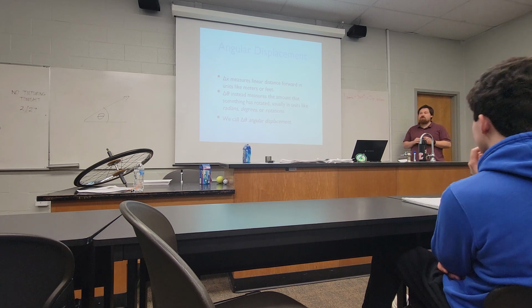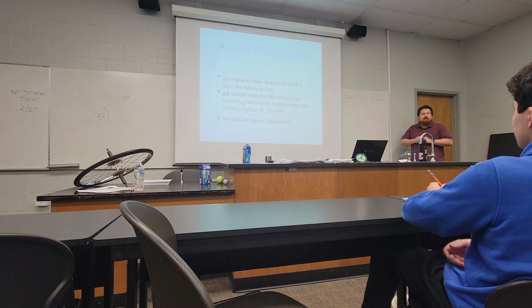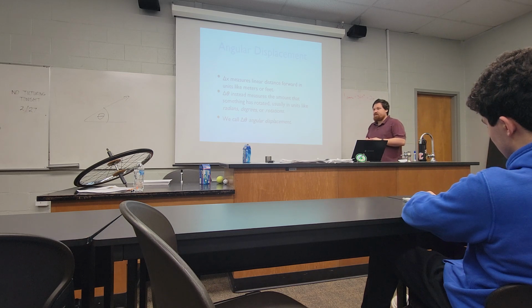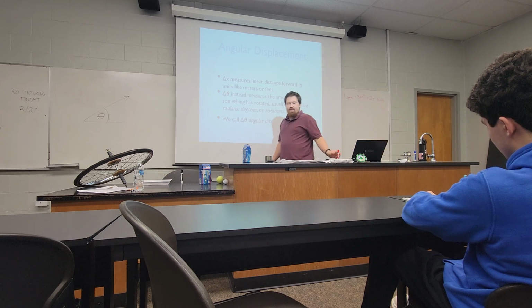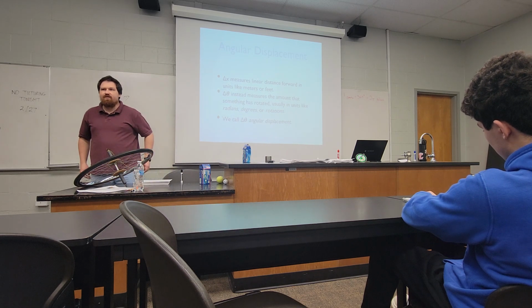This is just the conversion from rotations to radians and from degrees to radians. It's a weird unit, I fully admit. But it's one we have to use because a few of our formulas require its use, unfortunately.